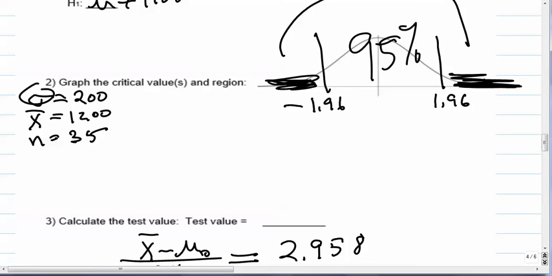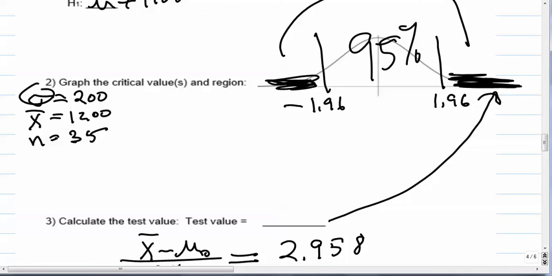If you look up here, 2.958 is out here somewhere. That's the region of rejection. We are going to reject the null hypothesis at a level of 0.05, meaning, again, we're going to say something has changed. And we're 95% sure that has changed, but there's a 5% chance we made a type 1 error.